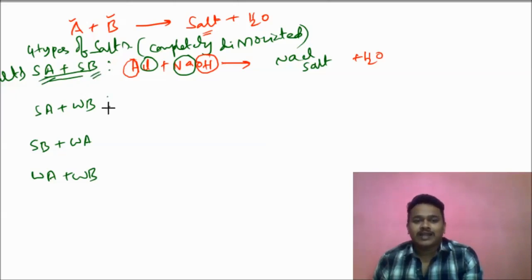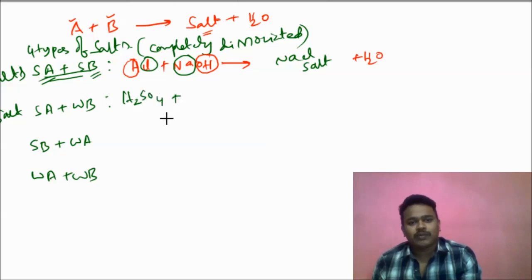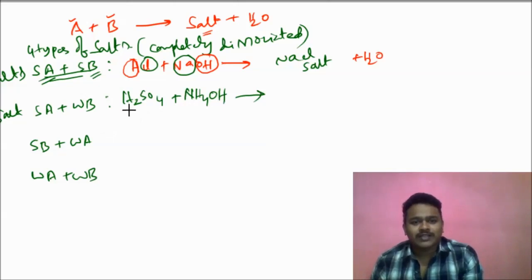Like that, now the salt of strong acid and weak base. Any strong acid you take, I will take H2SO4, plus a weak base, NH4OH. From this, two H plus are coming.